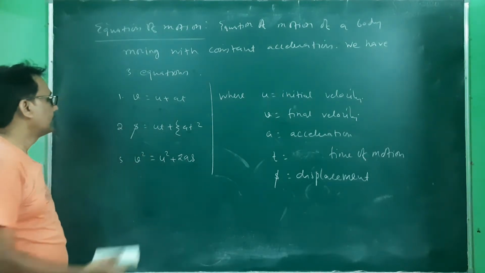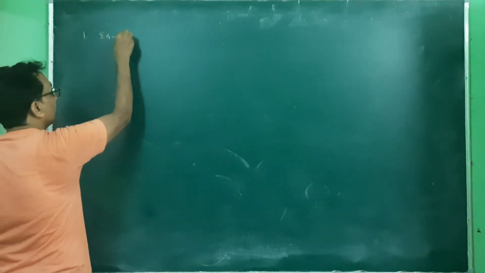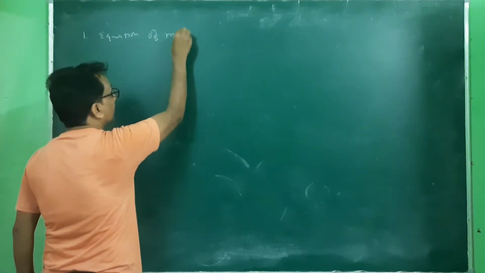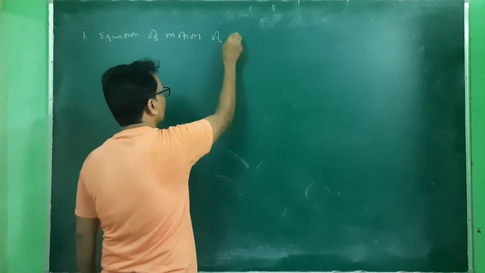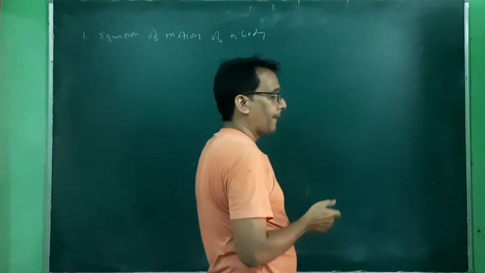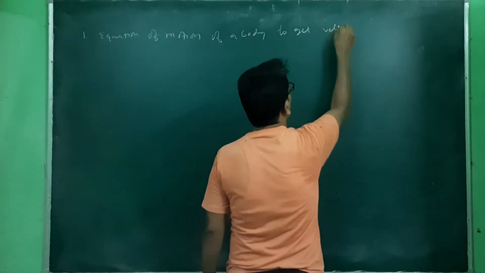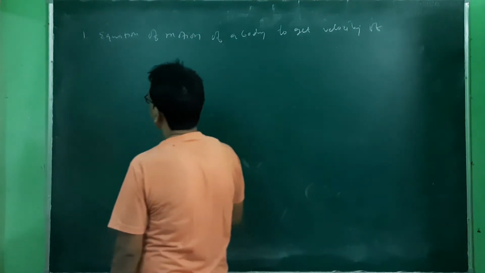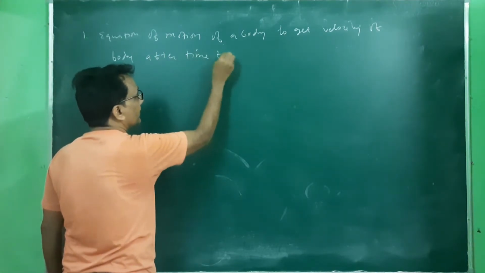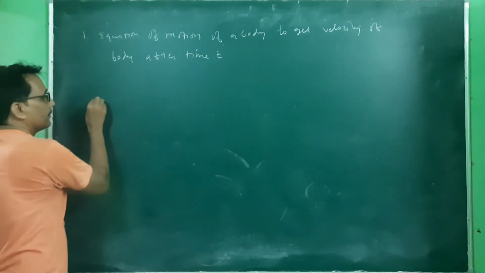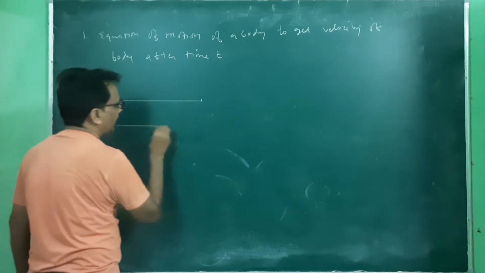So the derivation. First equation of motion of a body, to get the velocity of a body after time t.